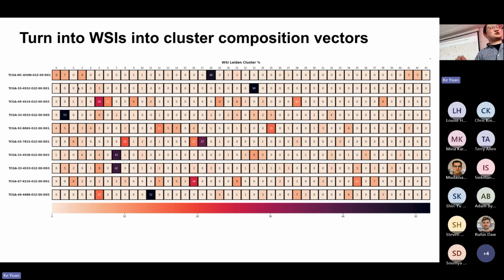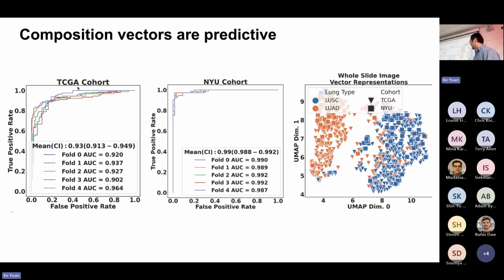Then what we did is use compositional vectors to represent each patient with contributions from those clusters. We call them histomorphological phenotype clusters, short for HPC. We tested in lung cancer a very simple task, which is to distinguish between lung adenocarcinoma versus lung squamous cell carcinoma.